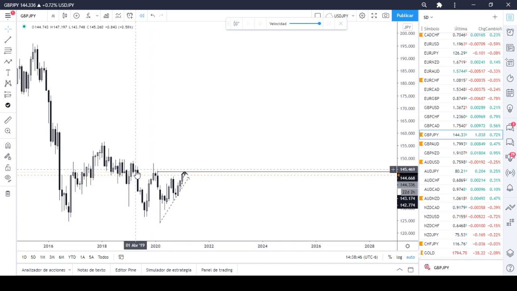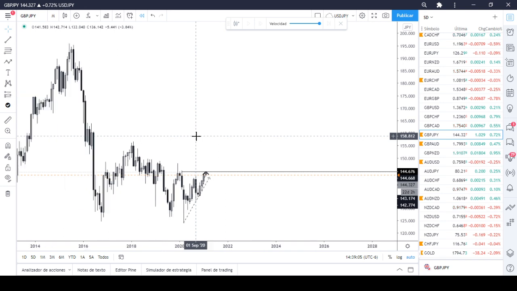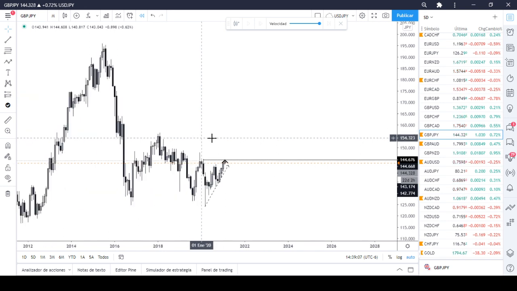Price retraced to the zone and then dropped, but now price is again at the zone, it dropped, and now it's there again. So this is a tested zone. The more the level is touched, the weaker it becomes. That's what we have on the daily.